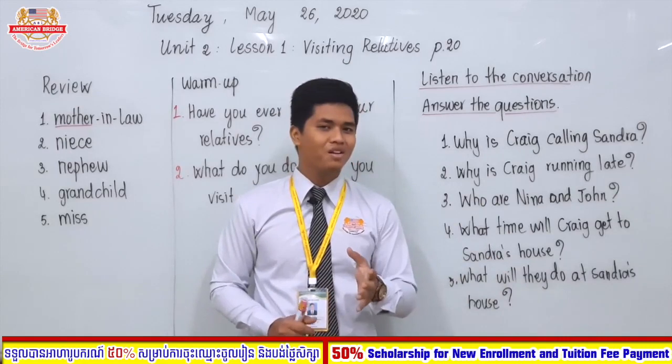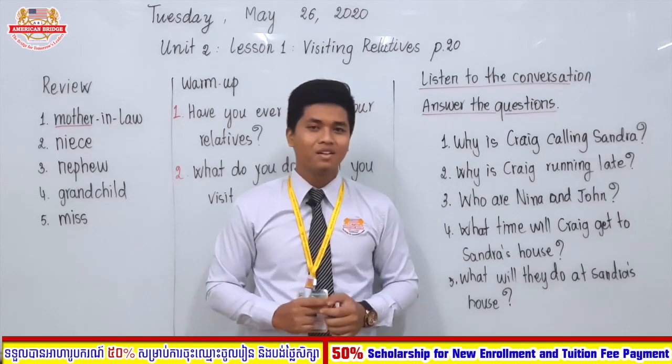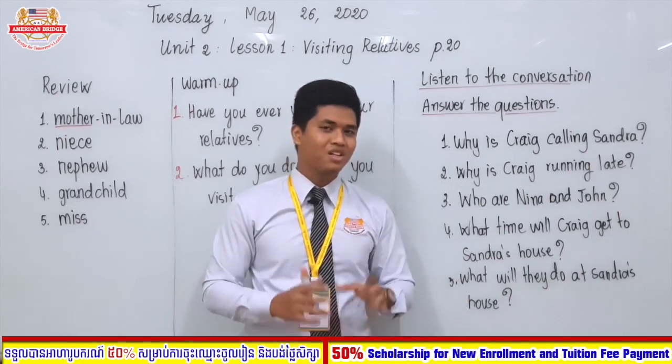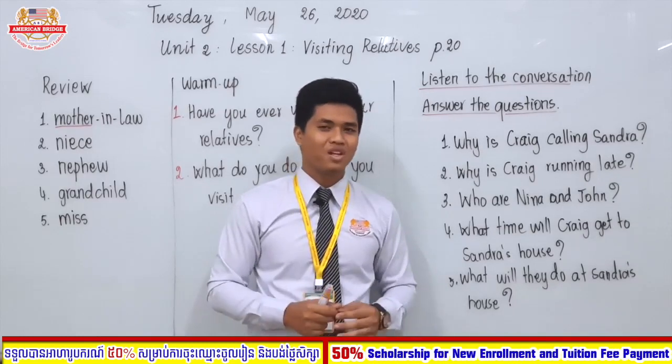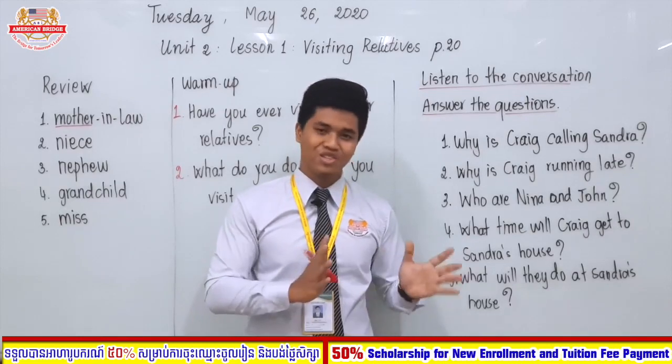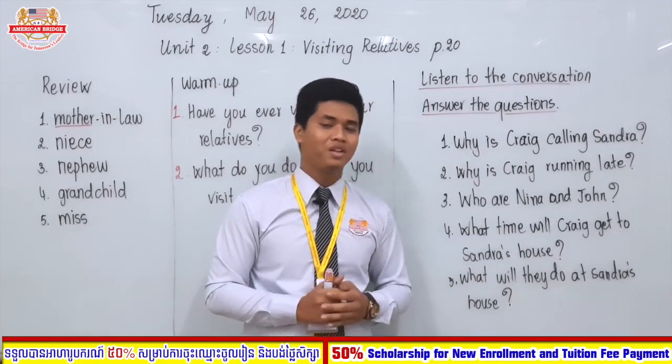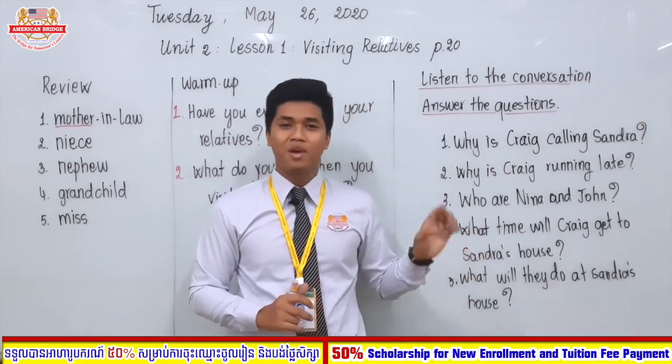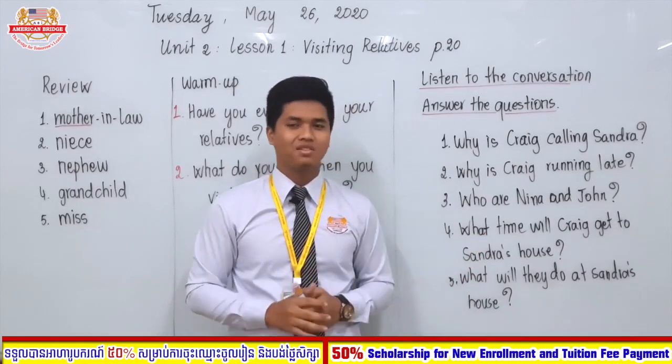And do you remember the word turkey? I hope you remember that. So turkey refers to the animal, and it looks like a chicken, but it is bigger than a chicken. So people in Europe or in America, they like to eat turkey.